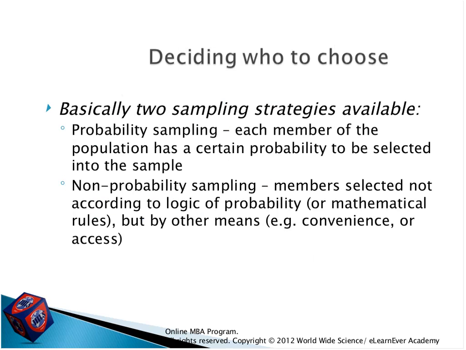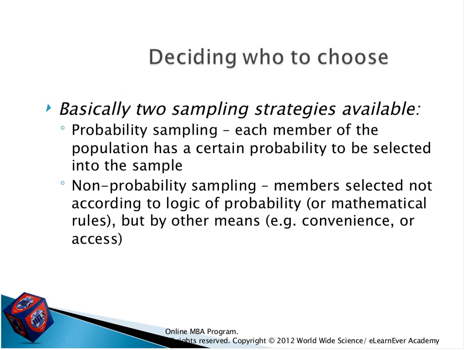So, deciding who to choose: there are basically two sampling strategies available. Probability sampling means each member of the population has a certain probability of being selected into the sample. I explained this to you: each member has the same chance.